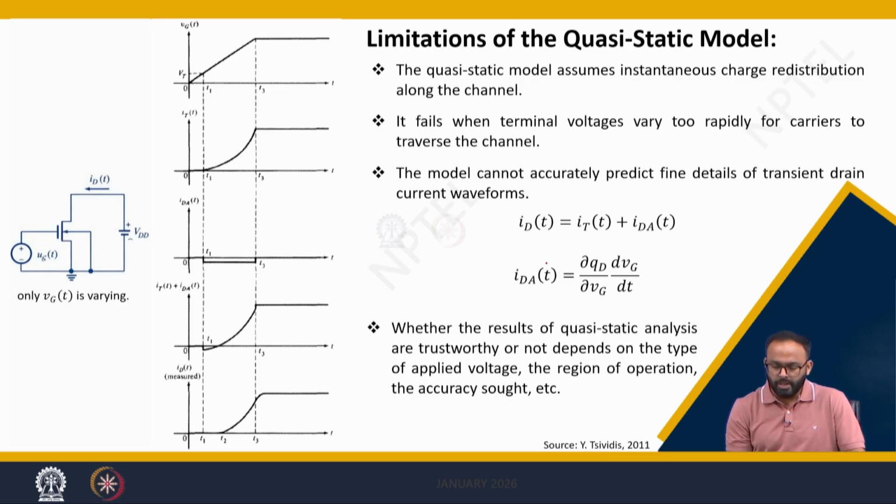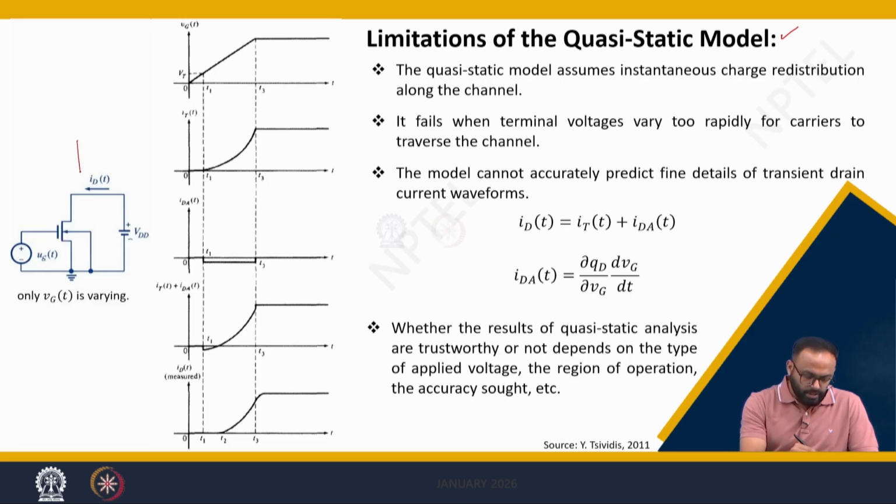To understand this limitation, let us consider a circuit where we put our MOSFET and apply the terminal voltages: this is Vg, this is Vd, this is Vb, and this is Vs. Here we are only changing the gate voltage and keeping all the other voltages constant.